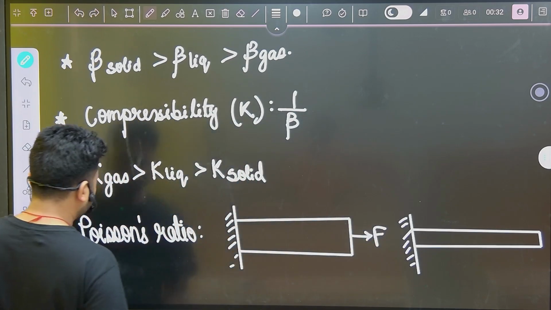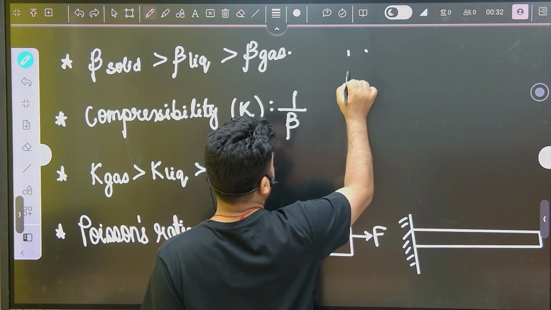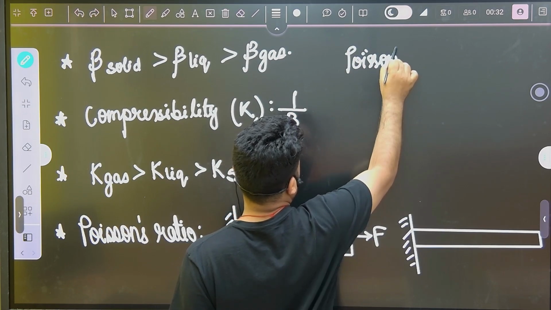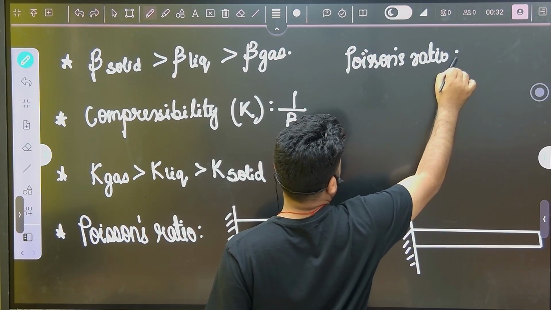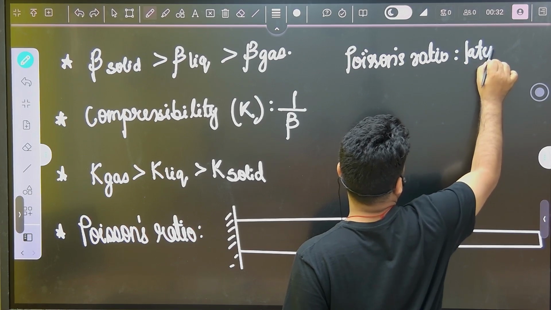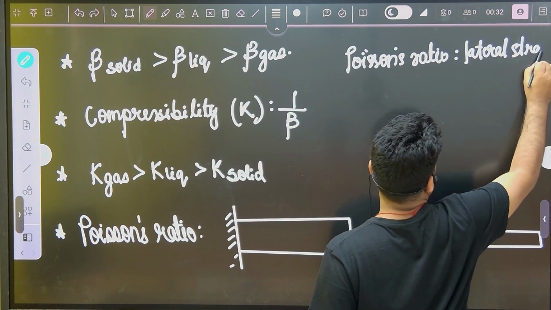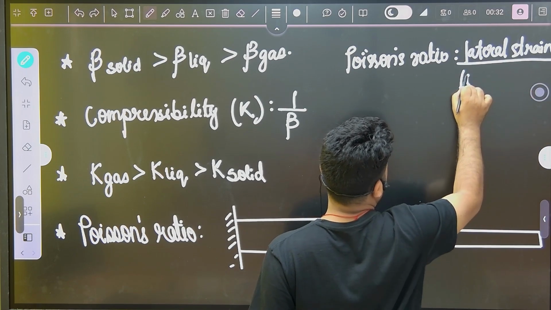So Poisson's ratio is defined as, I am writing here, Poisson's ratio: this is nothing but lateral strain divided by longitudinal strain.